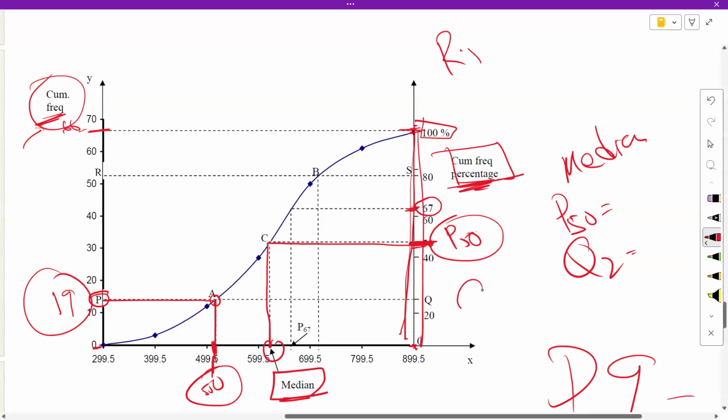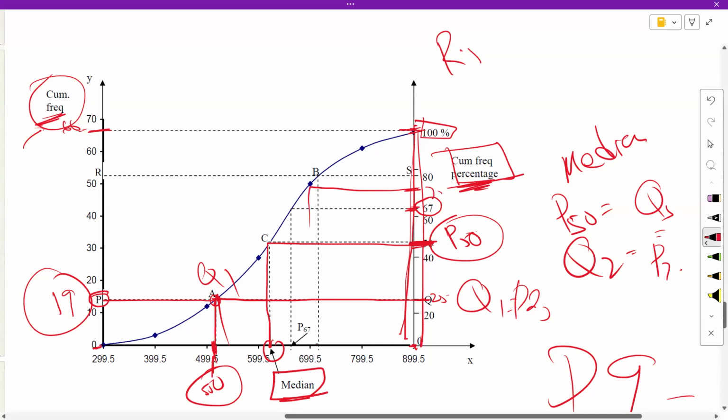If you want to find Q1, equal to P25, here we locate P25 and then track the point. So this point represents Q1. And Q3 equals P75. So we locate where 75 is, somewhere here. In this way, we can calculate them very easily.